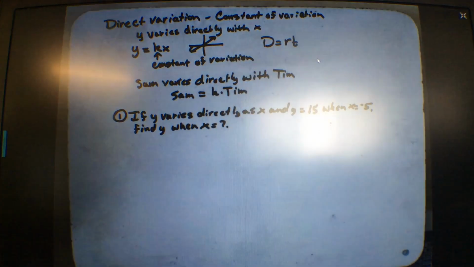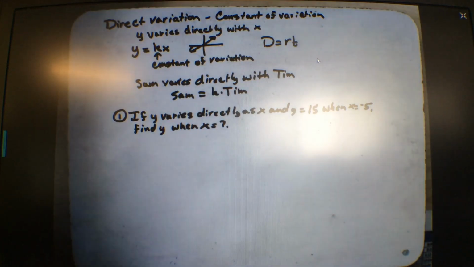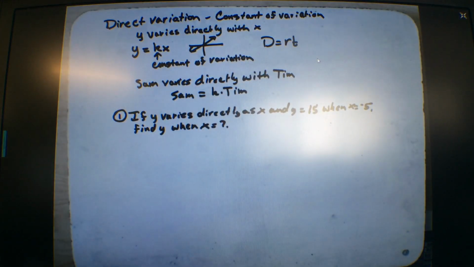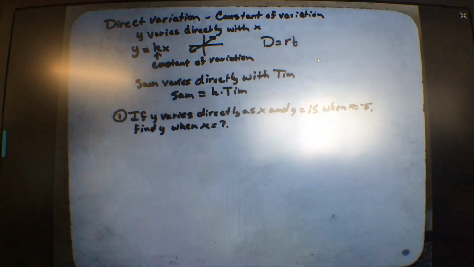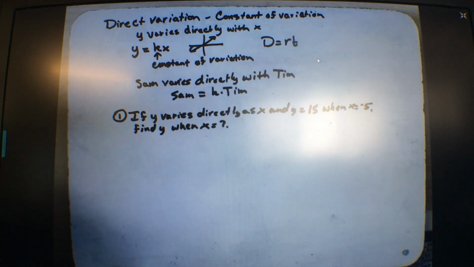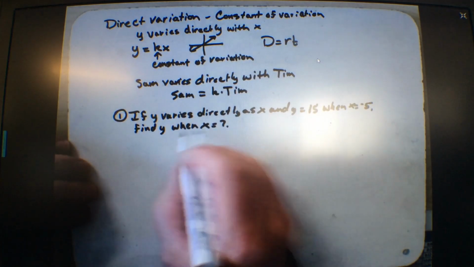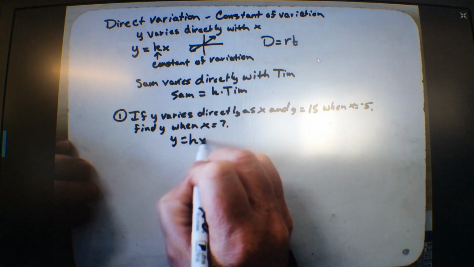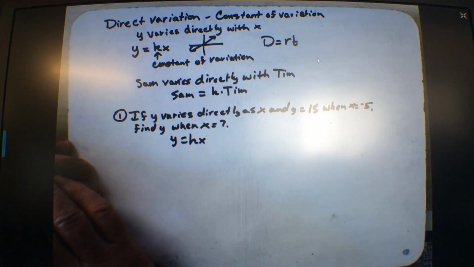There's a couple different ways to do this, but what I've kind of found is that I like to find the constant of variation first, and then form the new problem. So if I say y varies directly as x, that means y equals kx. Do you understand that, CJ?